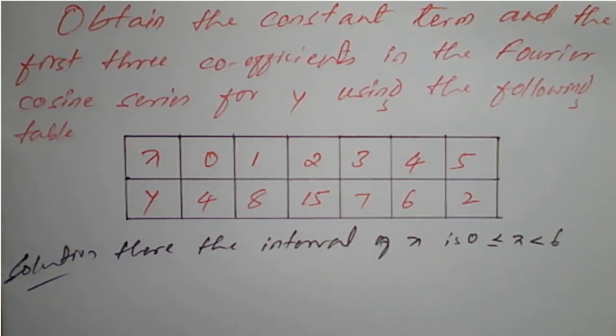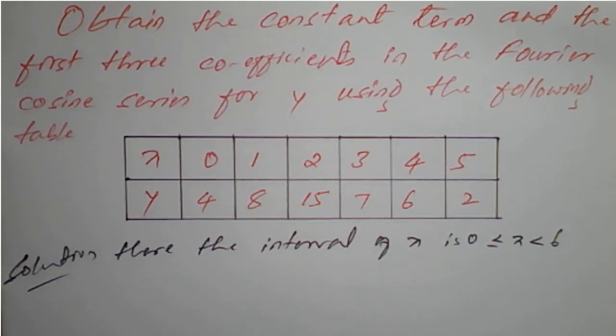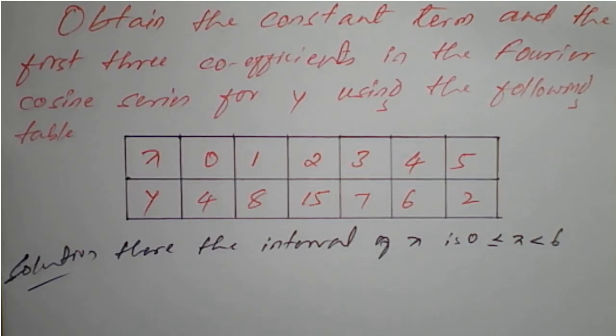Since the coefficients of the Fourier cosine series are to be found, we have to conclude that it should be the cosine half range Fourier series. They have asked only for the Fourier cosine series, so we consider the cosine half range Fourier series of function y in the interval 0 to 6.